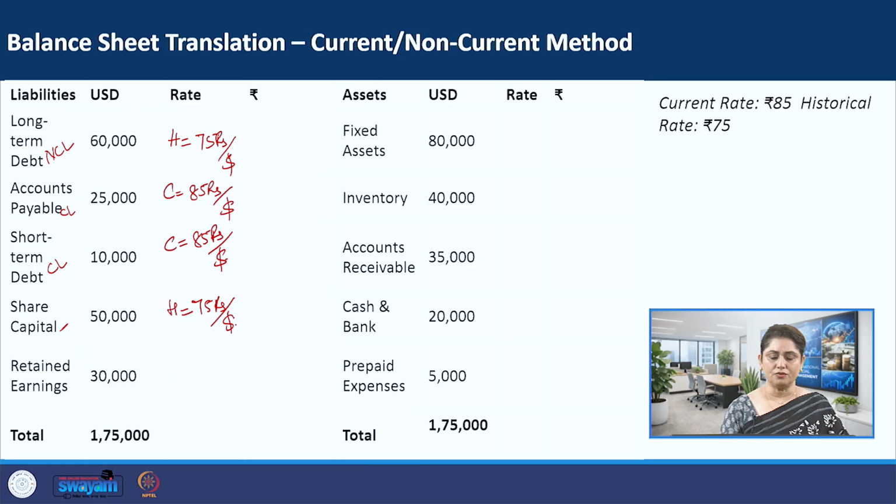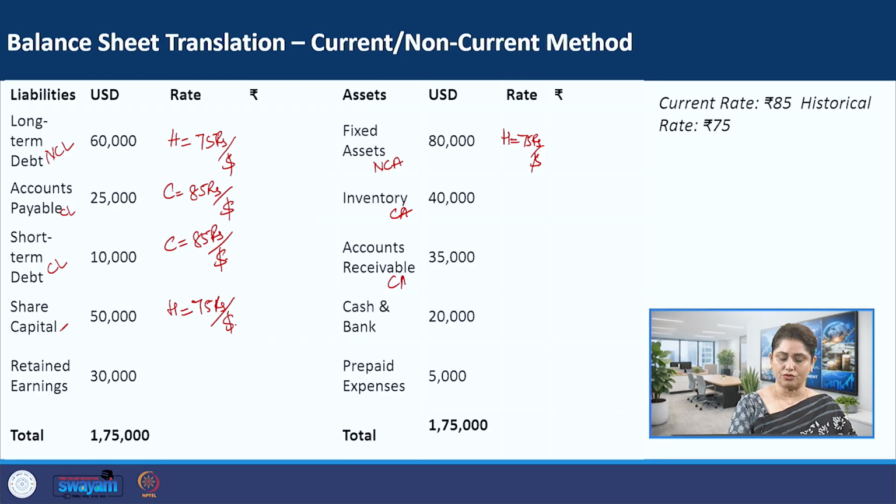Now, let us talk about fixed assets. Fixed assets are a non-current asset, and hence will be converted at the historical rate of 75 rupees per dollar. Inventory here is a current asset.